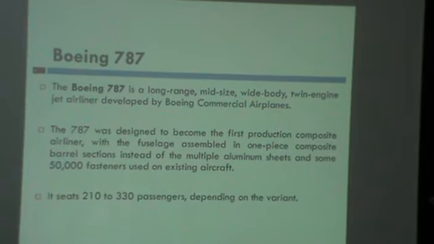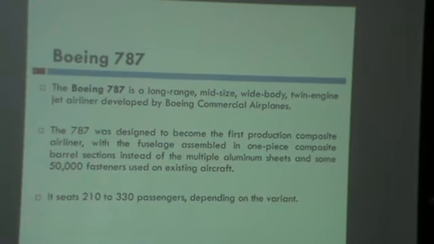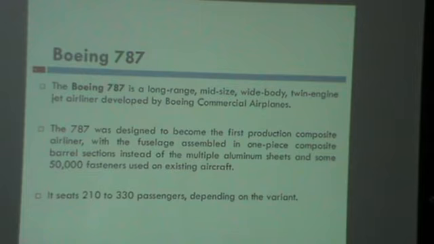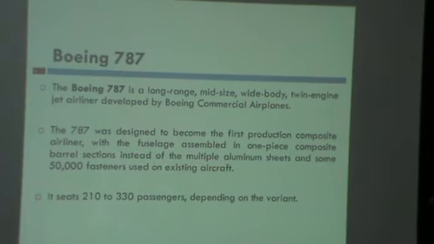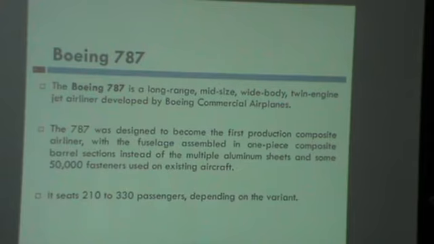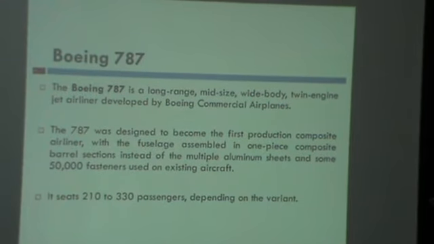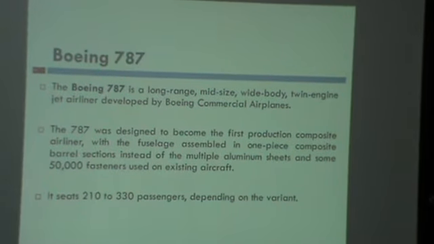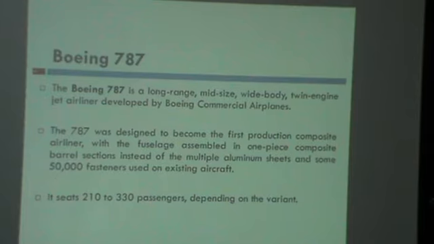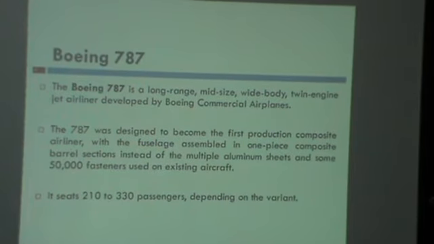So you see the level of details to which it is manufactured, designed to become the first production composite airliner with the fuselage assembled in one-piece composite barrel sections instead of the multiple aluminum sheets and some 50,000 fasteners used in a single aircraft. So you see the level of sophistication which this has, and it was all possible due to the artificial optimization techniques which they use at the design phase, and of course in the construction phase and the assembly phase as well.